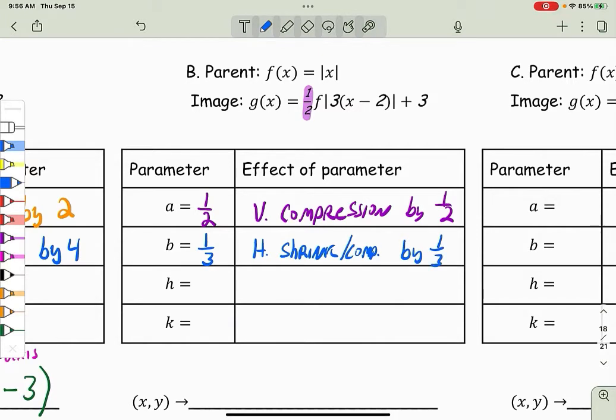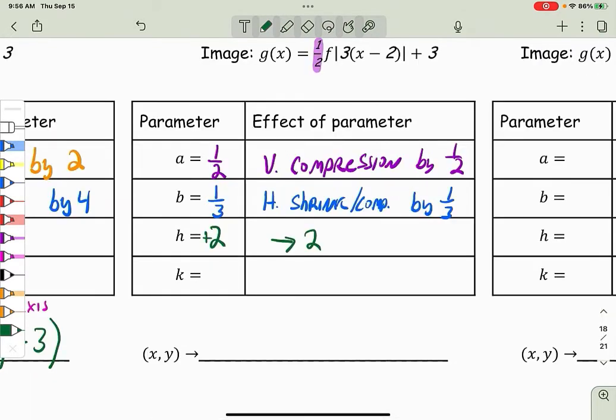Now we also have a shift, and our shift is going to be 2, and that's going to be a right shift of 2. And then we also have a vertical shift, and notice that that's plus 3, and that's just going to be a vertical shift upward of 3.